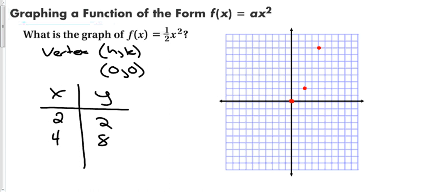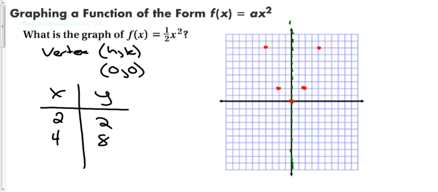So I would go 8 right there. Okay? Now, what I can do, because I know that at the vertex, I have my axis of symmetry, so I know that the graph is symmetrical on the right and the left. I can reflect these points on the right over to the left, and they are the same distance away from the axis of symmetry, only the other way.